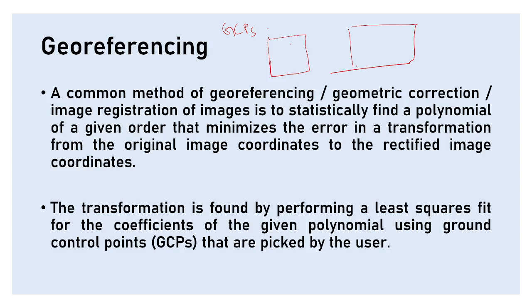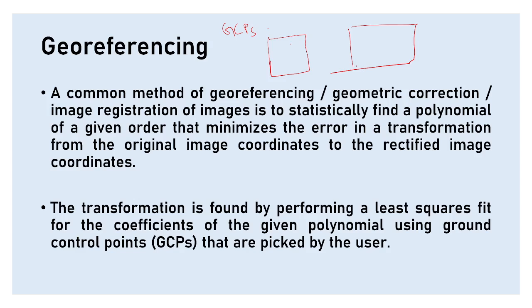Ground control points are those points which are similar in the image that you have and in the base map. For example, right now I showed you the Google Earth image, right? We can see some buildings, some bridges, some crossroads. Such distinct features are present in both images, the image that you have and the base map.